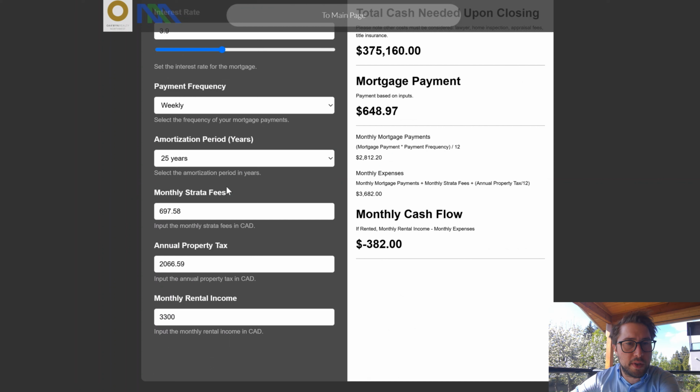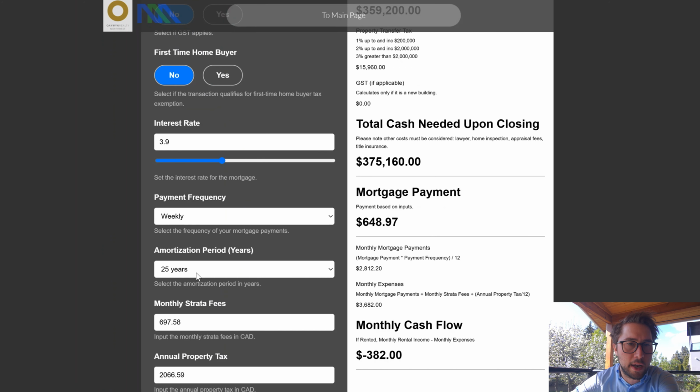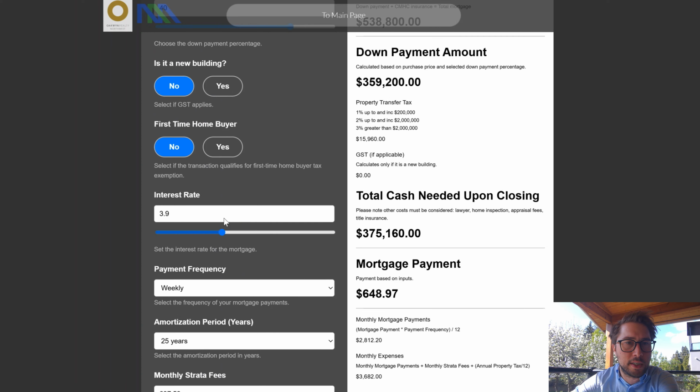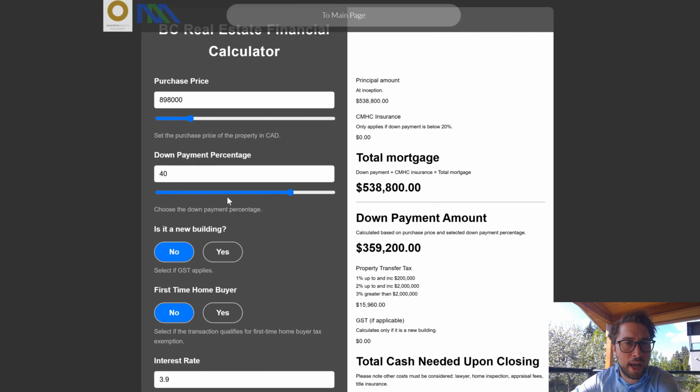And this is where we get to the more pro forma aspect of the calculator, the structure of the mortgage, and pre-planning how much you're planning to do with the mortgage. Let's say you have it for 898 and you're putting 40% down. Your principal would be this, and your total mortgage would be the principal.